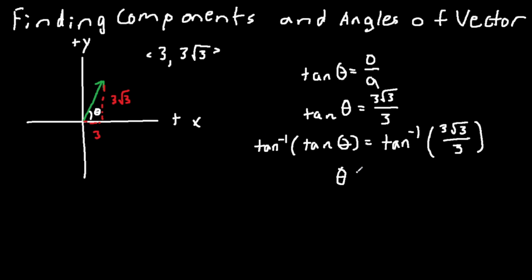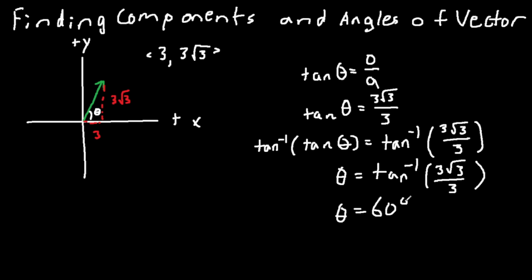So we get left behind theta here, and all we're left with is inverse tangent of 3 square root of 3 over 3. It turns out that this answer is equal to 60. You can plug this into your calculator, or if you have a good understanding of the unit circle, you could solve this in your head. The angle theta is equal to 60 degrees.